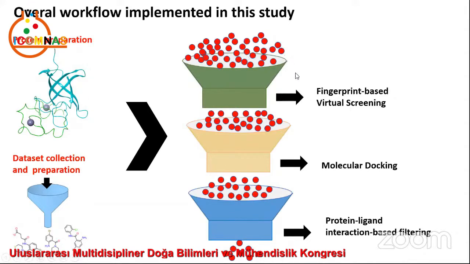In order to judge which compounds will have a good binding affinity, we conducted a hierarchical virtual screening approach, which starts with a ligand-based virtual screening, where we use fingerprint-based virtual screening. Then we conducted a structure-based virtual screening, which is done by molecular docking, followed by protein-ligand interaction-based filtering.